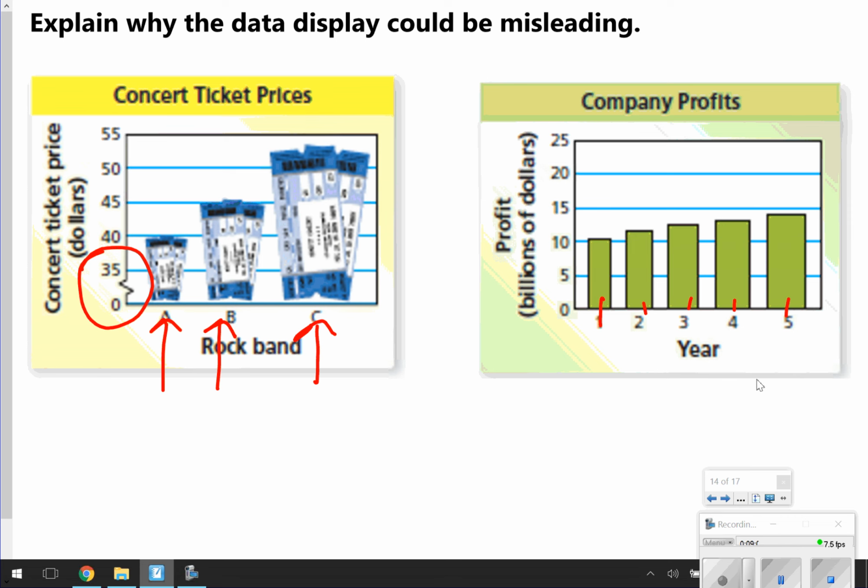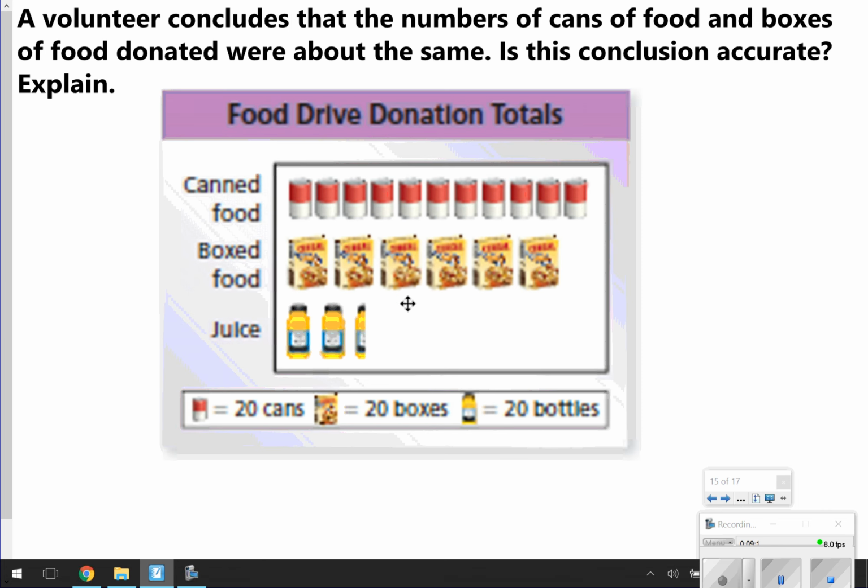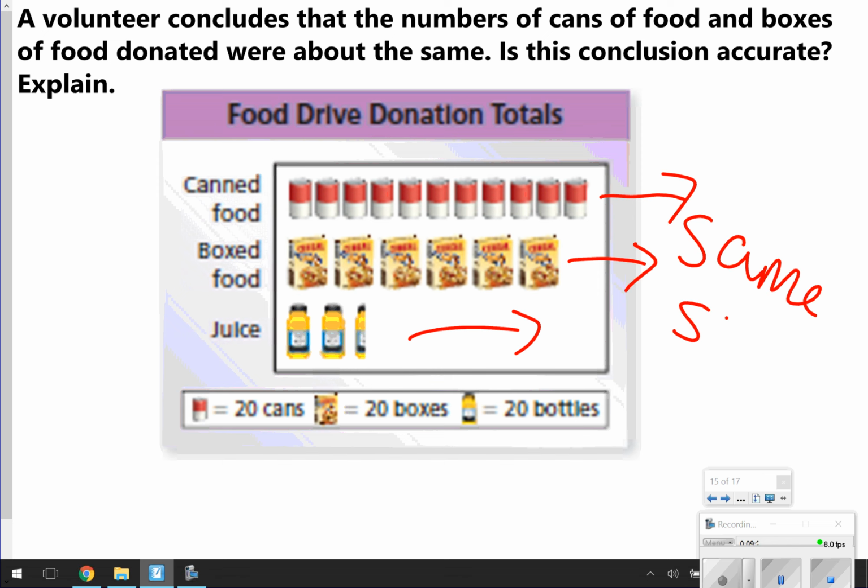They need to use the same size or the same image for those. Again, choosing different sizes of images is not good. These all need to be the same size. Since they're not the same size, this is going to be a misleading graph.